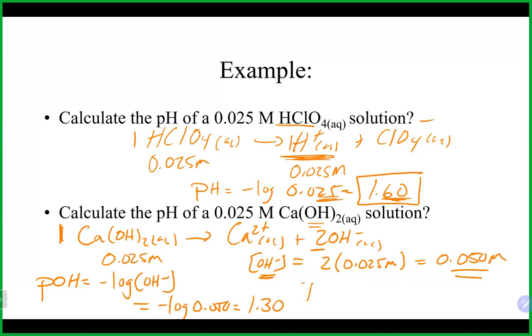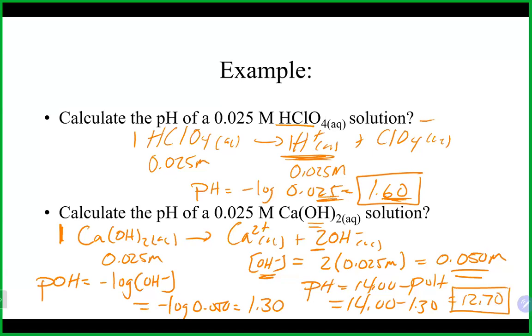Once again, we could get the pH by taking 14 minus the pOH. That's going to give us 14 minus 1.30, which is a 12.70 pH, which is basic and does make sense. Any questions on that one?